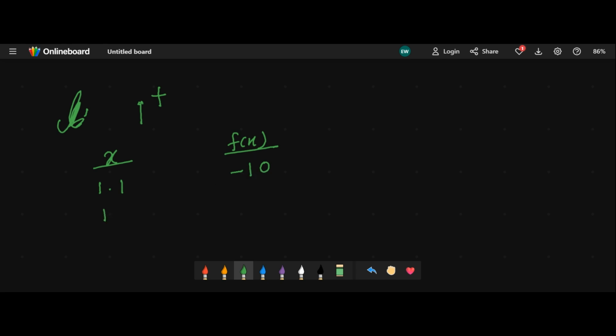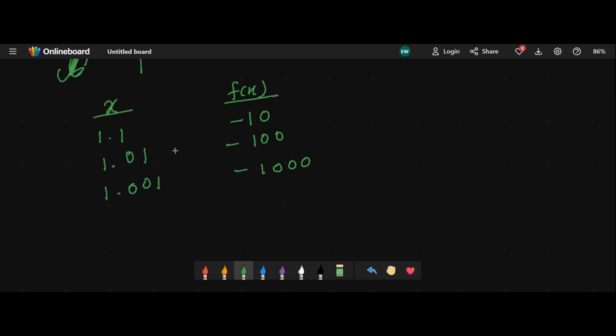If you substitute 1.01, you are getting very closer to 1, so it will be minus 100. Let's get even closer, 1.001. You will get minus 1000. If you substitute and see, you will get minus 1000.